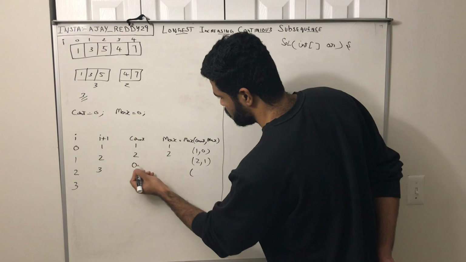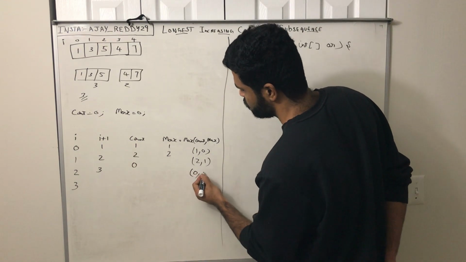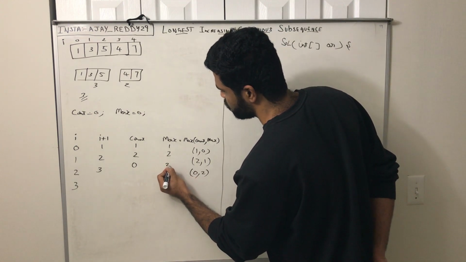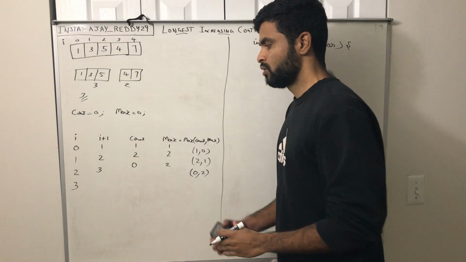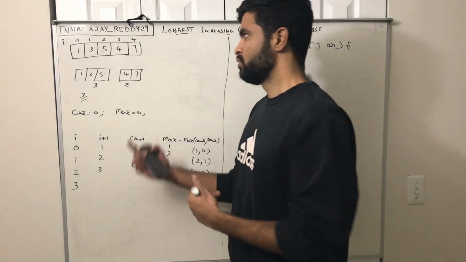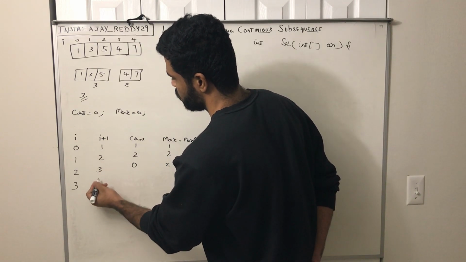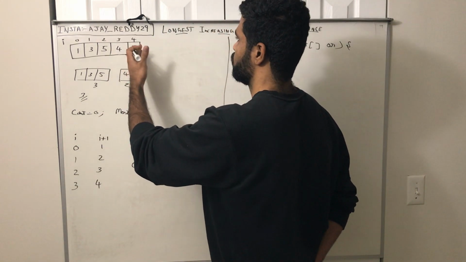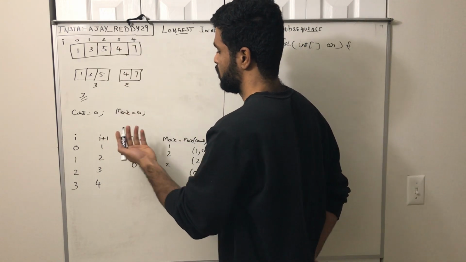Max of count, which is 0, and the current max, which is 2, is nothing but 2. Again in the next iteration, when I is 3, I plus 1 will be 4, which is 4 and 7. 4 is less than 7, they are in increasing order.